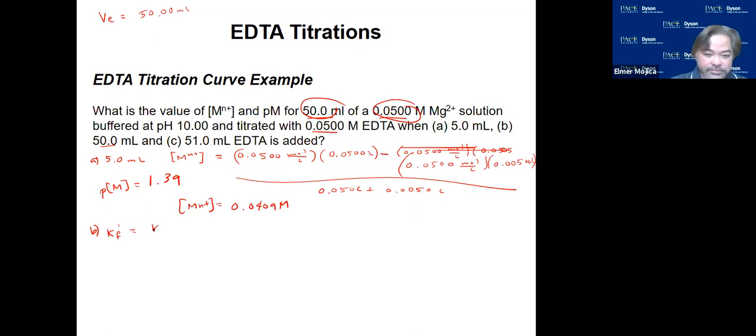So we can have whatever is the Kf that is given, and then the alpha of the Y4-, which is equals to the Mn EDTA -2 over the Mn plus times the EDTA.